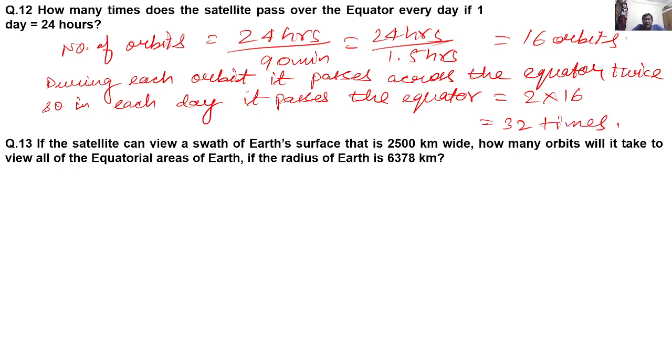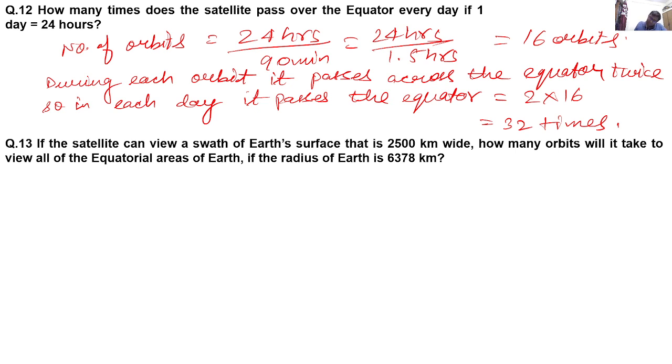Next question, if the satellite can view a swath of Earth's surface that is 2500 kilometers wide, how many orbits will it take to view all of the equatorial areas of Earth if the radius of the Earth is 6378 kilometers? It's a very interesting question, by the way. We know that it is basically observing the entire circumference of the Earth when it moves across the orbit.